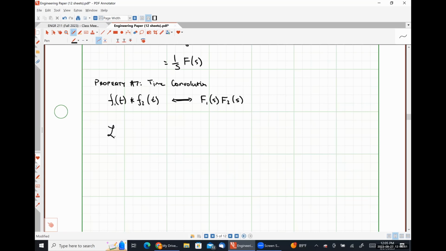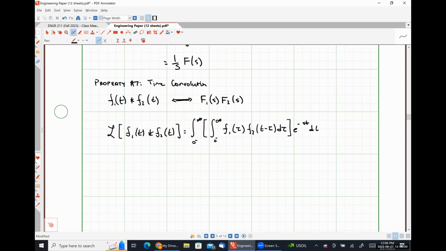So the Laplace transform of f1 of t convolved with f2 of t is the integral from 0 minus to infinity of the integral from 0 minus to infinity of f1 of tau times f2 of t minus tau d tau, times e to the negative st dt.